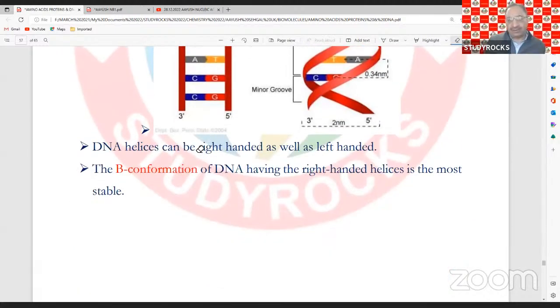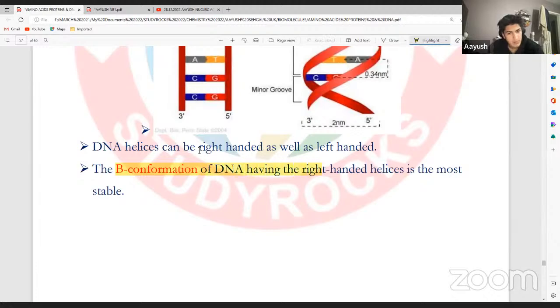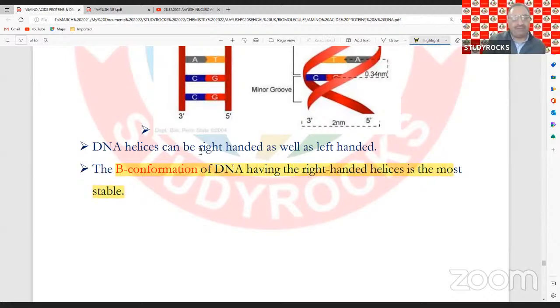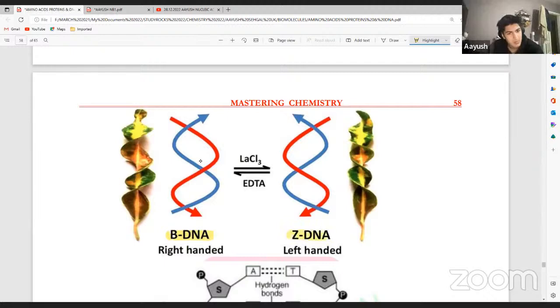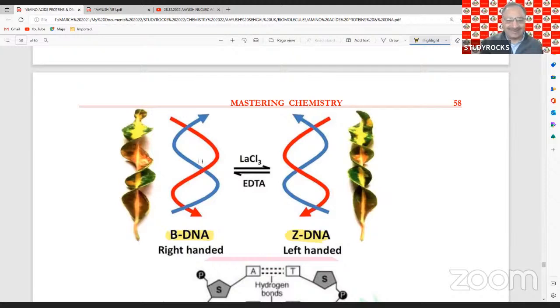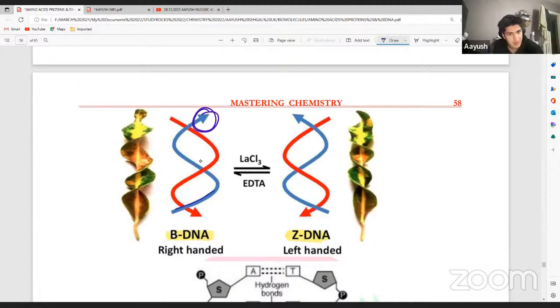Then there is a conformation, B conformation of DNA, having a right-handed helix, which is the most stable one. These are the details: B-DNA and Z-DNA. Have you gone up to this level in bio or not? No, I've never heard of this. Focus on the blue color, how it goes, it is going like this.